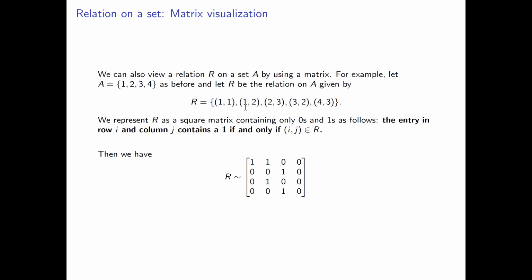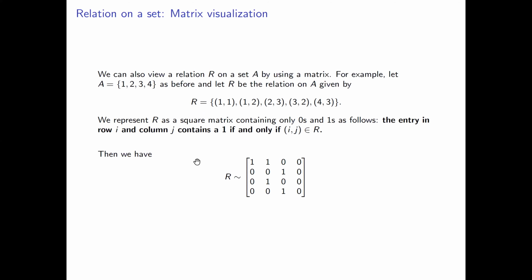Row 1 and column 2 is this entry right here. This has a 1 because it's in the relation. However, this is row 1 and column 3. Notice that 1, 3 is not in the relation, so I'm putting a 0 here. Similarly, 1, 4 is not in the relation, so there's a 0 here.